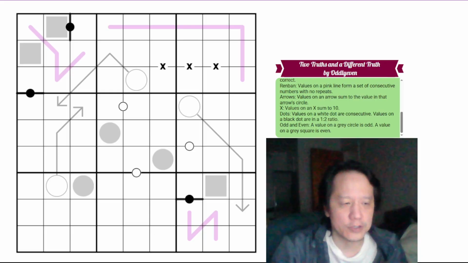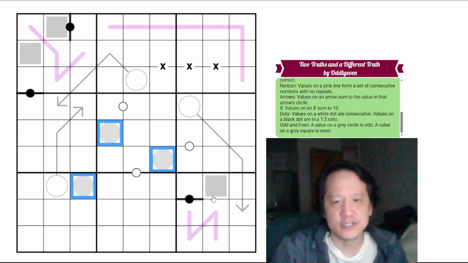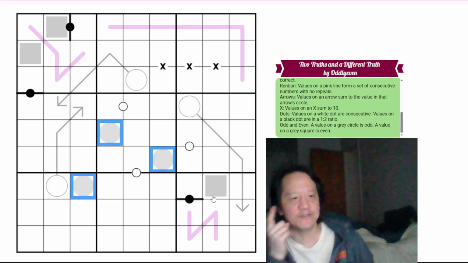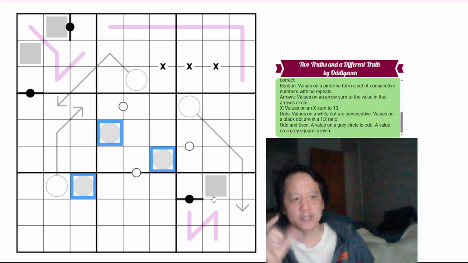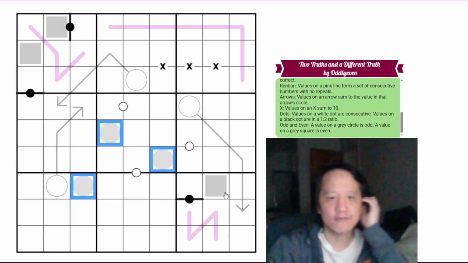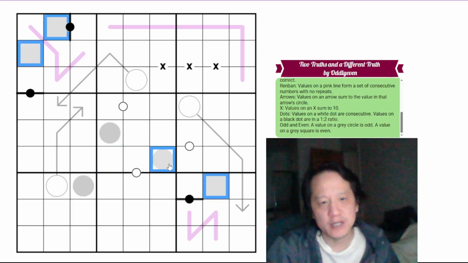We also know the odd and even digits have to be odd sometimes, because in the circle case they have to be correct sometimes, and in the square case they have to be incorrect sometimes. That means you're guaranteed, in one of the states, to be odd. So these have to have odd digits in them to be odd, right?